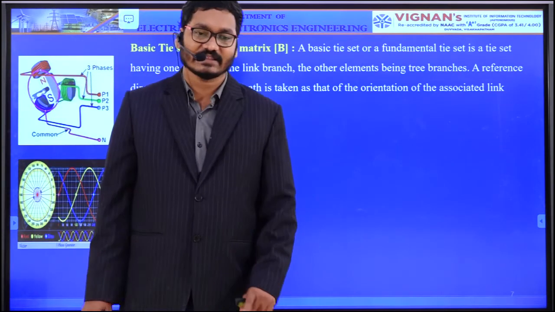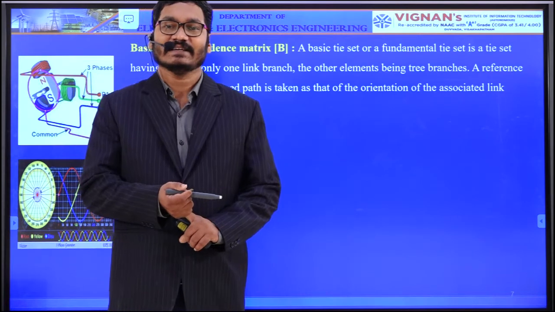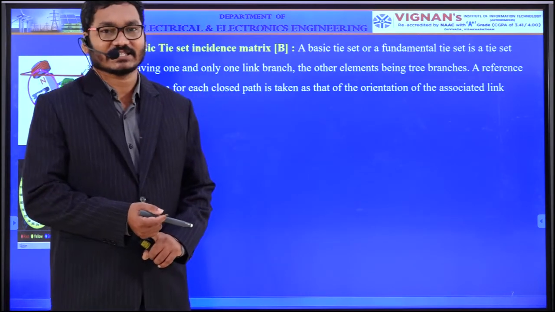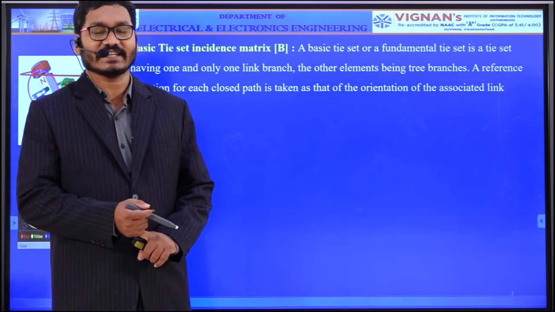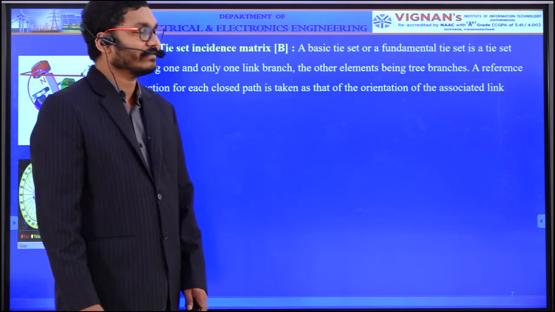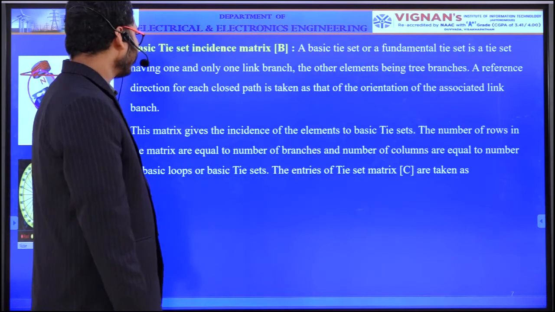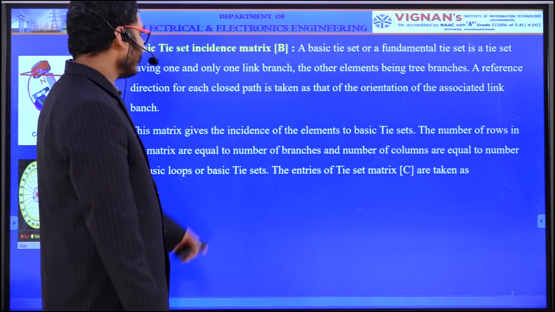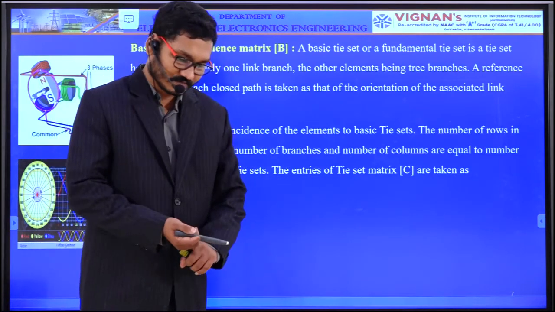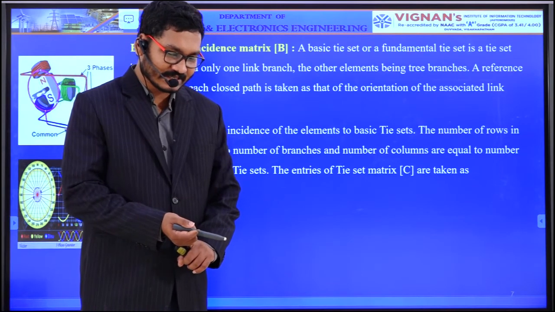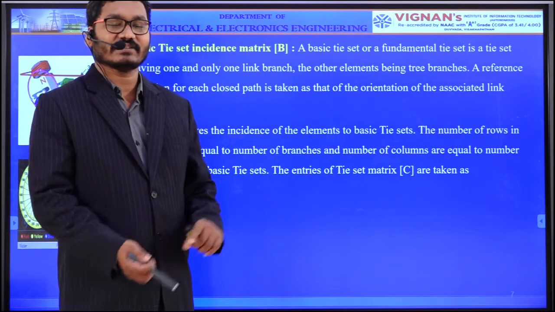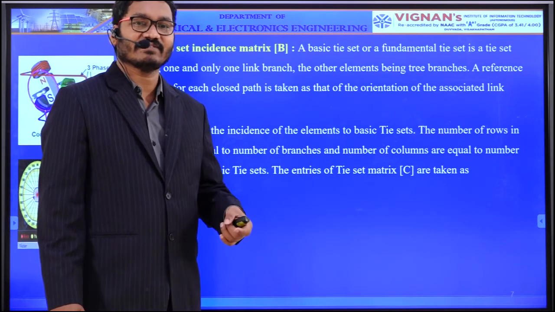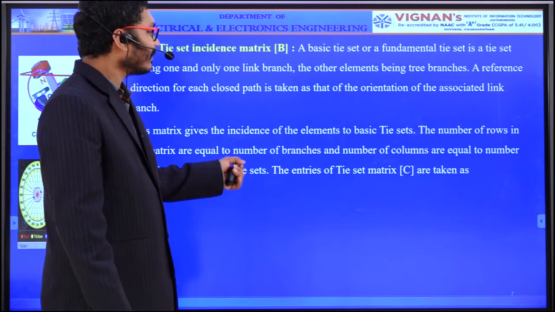Previously the cut set direction was taken the same as the tree branch direction, but in this case the closed path direction is taken the same as the link direction. So the basic tie set incidence matrix is a matrix whose rows are the number of branches.